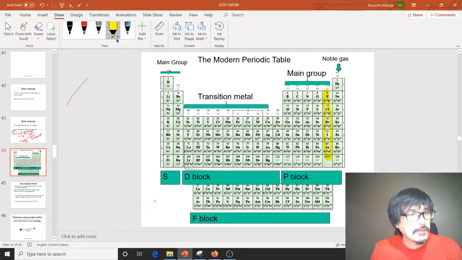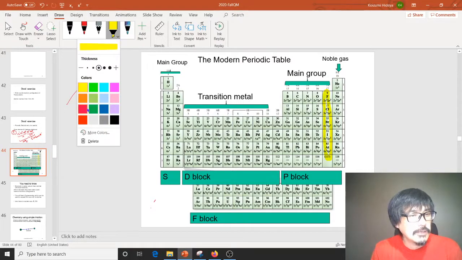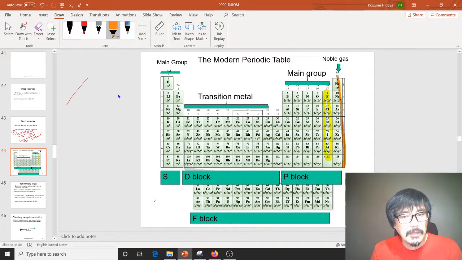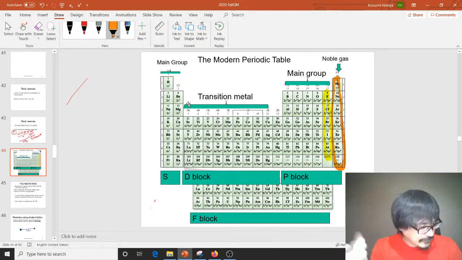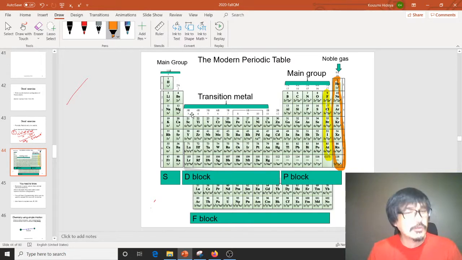So all of these guys in the vertical columns behave exactly the same way. If you recall, I was talking about these guys right here. These guys react exactly the same way. If helium is stable, then neon is stable, argon is stable. Stable means that it's not reactive. Krypton is stable, xenon is stable, and so on and so forth.